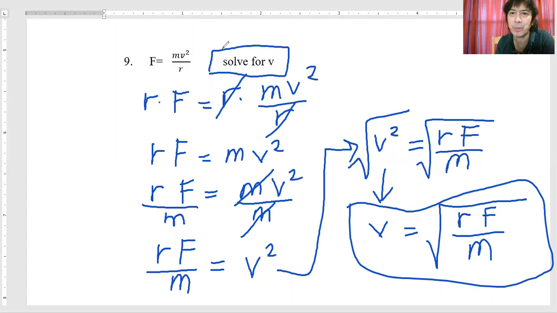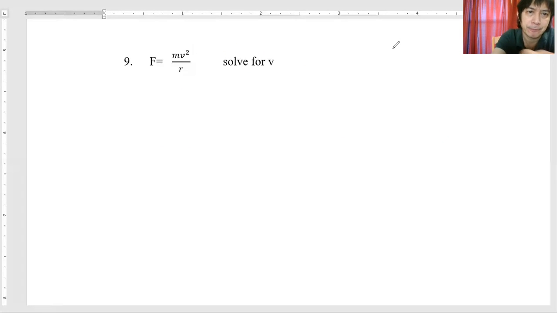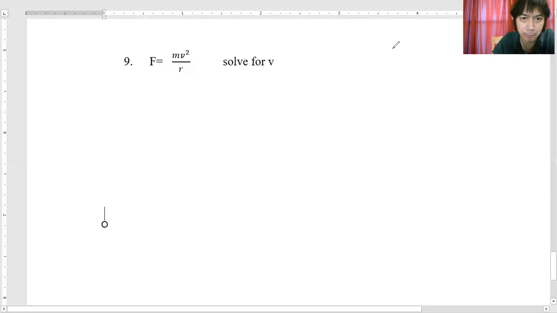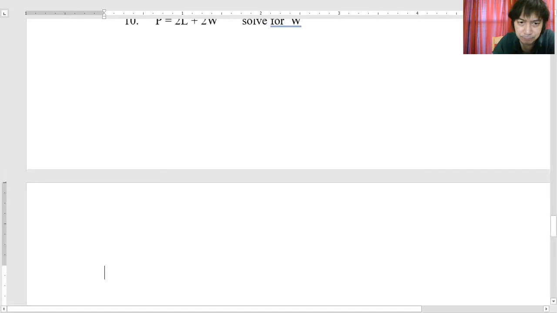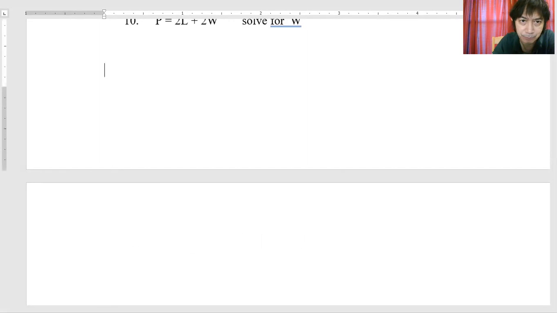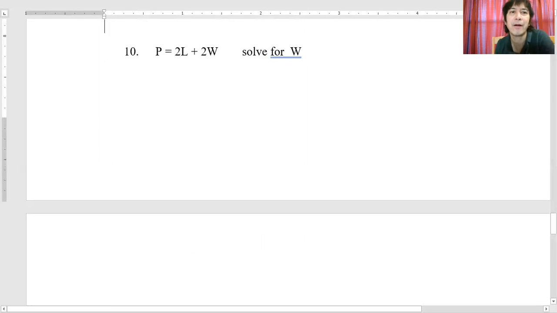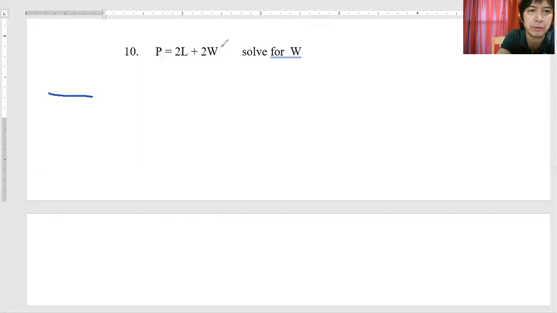Let's have the last number. Here's number 10. This is the perimeter of a rectangle. So we're done with geometry.